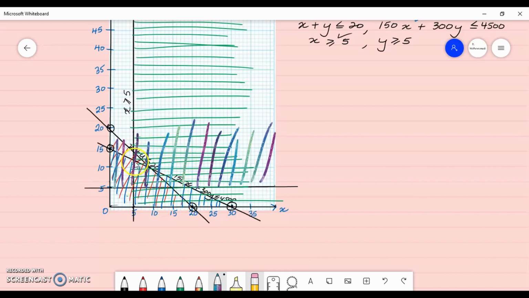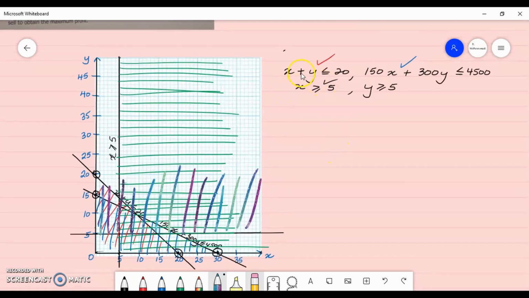So notice I used red to indicate that first inequality there. I used blue to indicate that second one. I used, I believe it was green to indicate this one here, and I use that multicolor one to indicate this last one here, right?